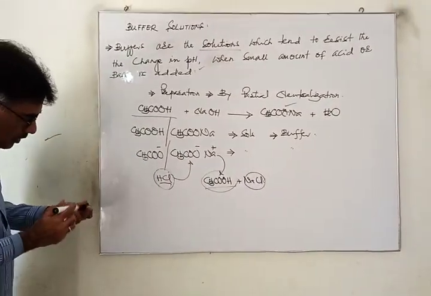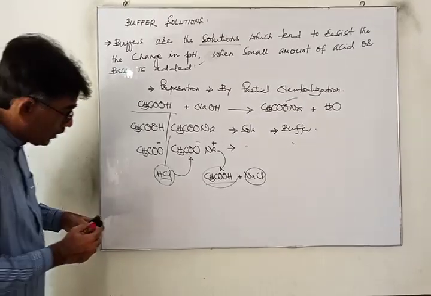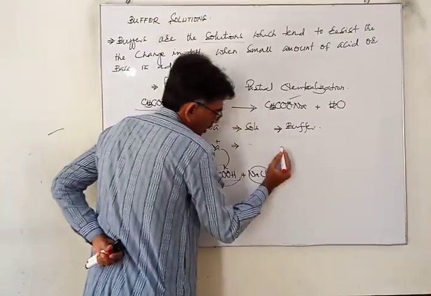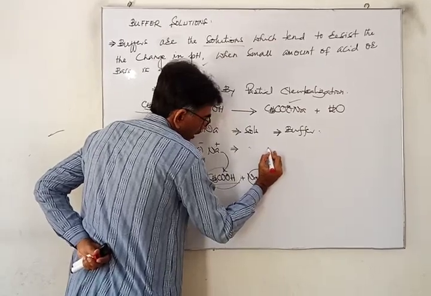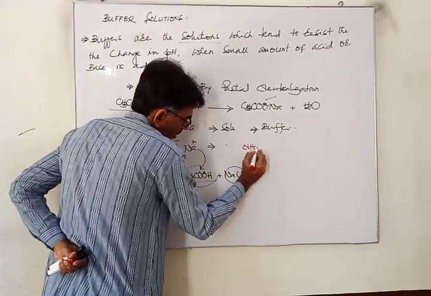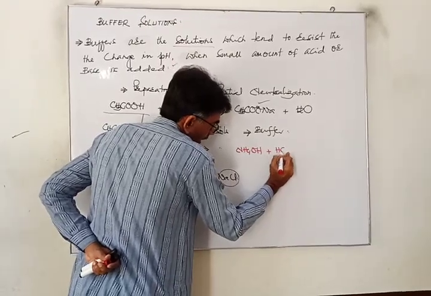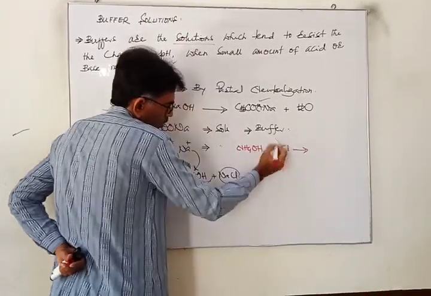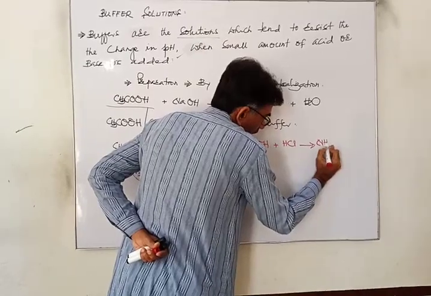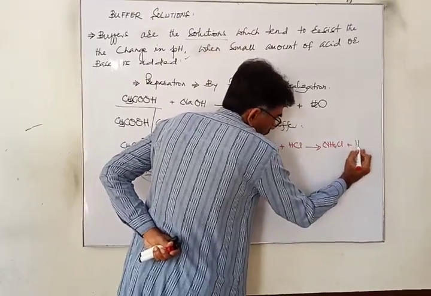And likewise we have another example where you can find a buffer. It is produced by a weak base like ammonium hydroxide with a strong acid like hydrochloric acid, and now we have the formation of ammonium chloride and water.